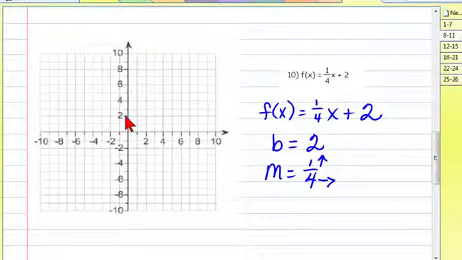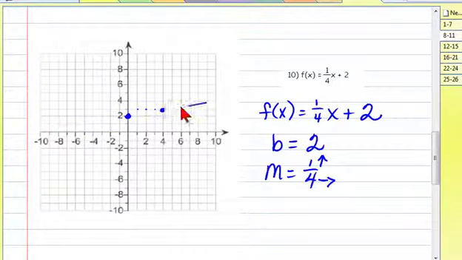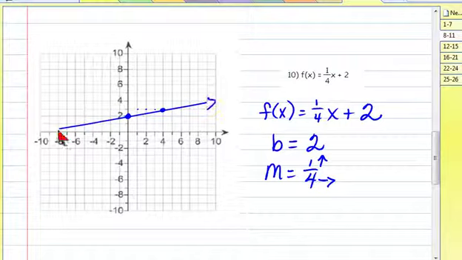When I graph it, I'm looking for the answer choice that begins at 2 on the y-axis. From there, if I go up 1 block over 1, 2, 3, 4, I should see another point on the line. This is going to have a positive slope, but it's not very steep. The bigger the number, the steeper it gets. And this one is just 1/4.